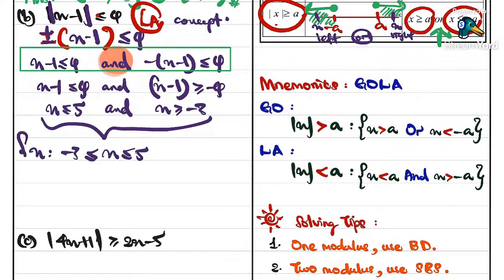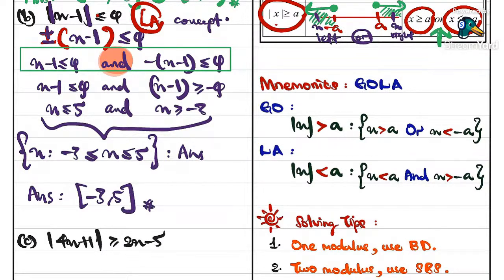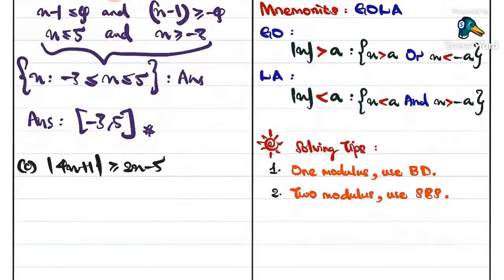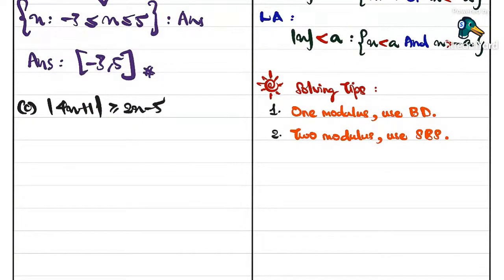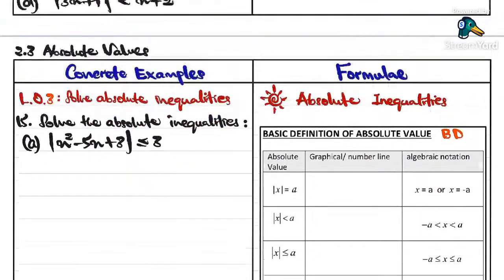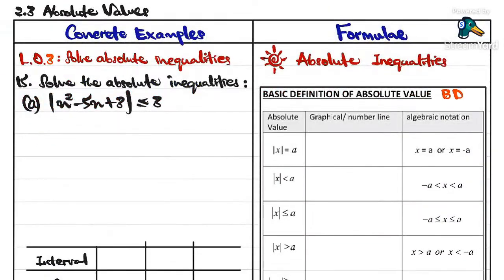So this is actually your answer. There is another answer that you can write it down, which is -3 until 5. So I want you to write down in two kinds of answers lah. So this you can try it yourself. I actually need to go to the next problem, which is what is this called?